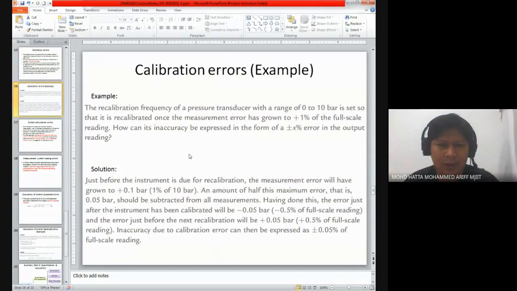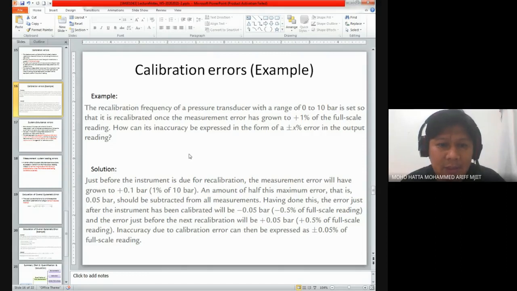Okay, here is the example. If you look at this example, the question says that the recalibration frequency of a pressure transducer with a range of 0 to 10 bar is set so that it is recalibrated once the measurement error has grown to plus 1% of the full scale reading.